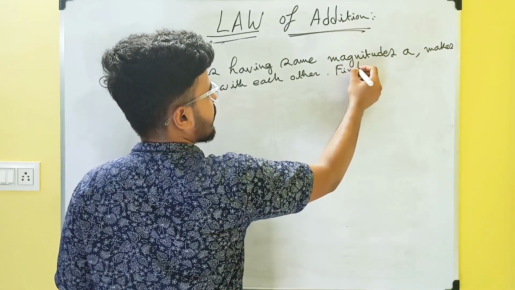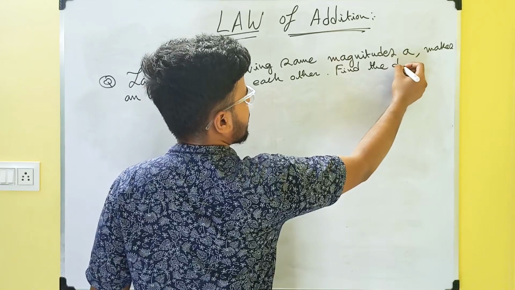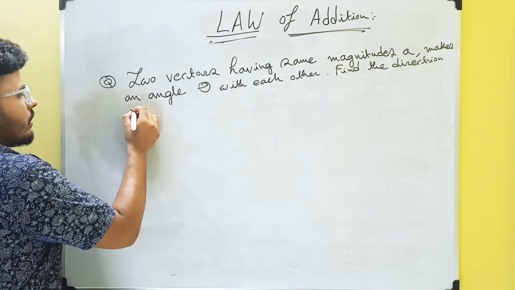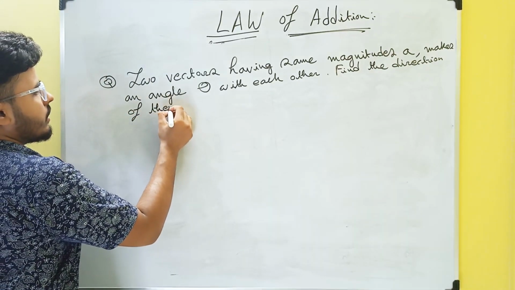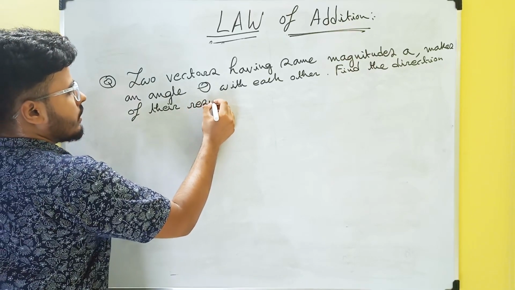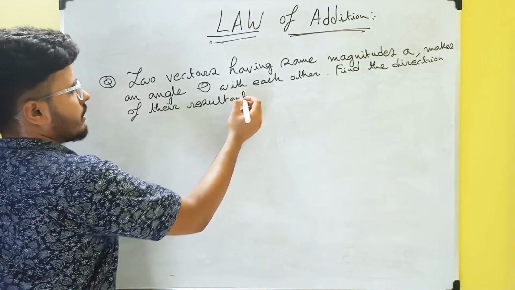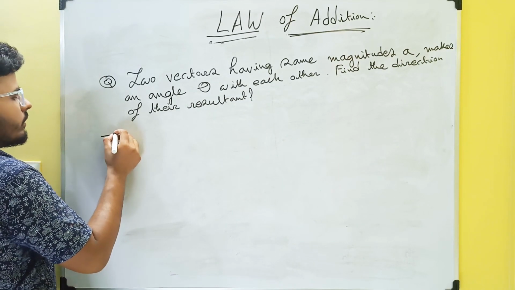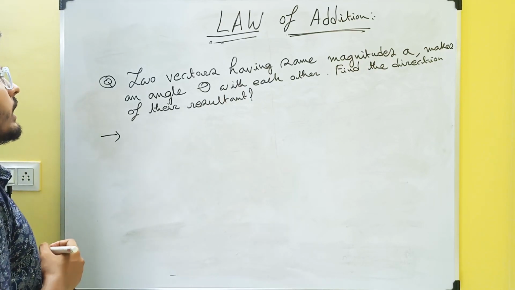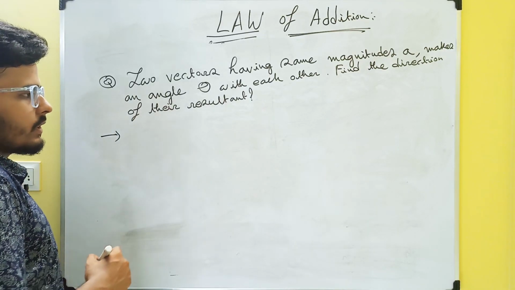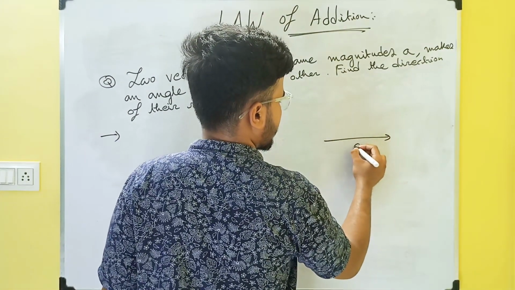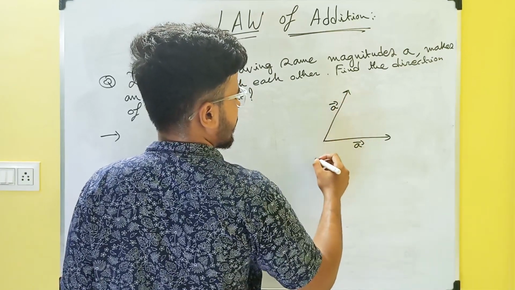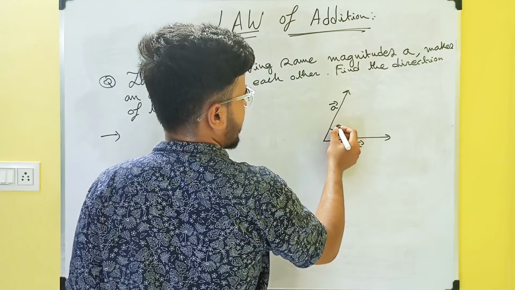Find the direction of their resultant. Find the direction of their resultant. So how we will do that? Let's say two vectors with same magnitude. The angle between them is theta.